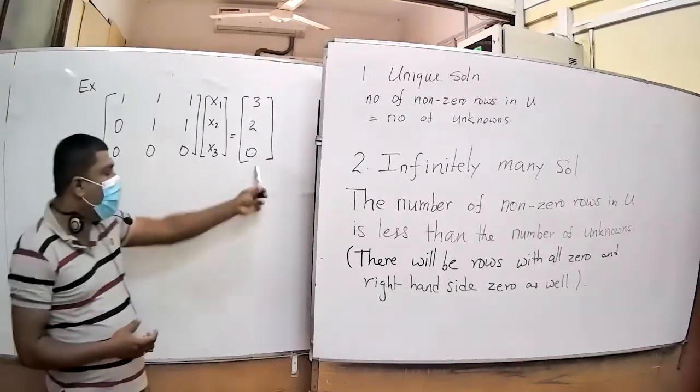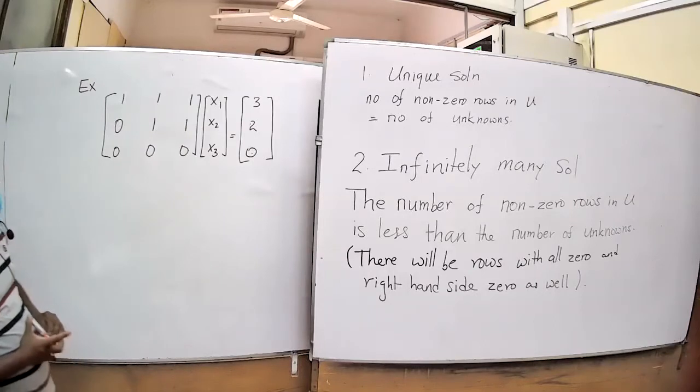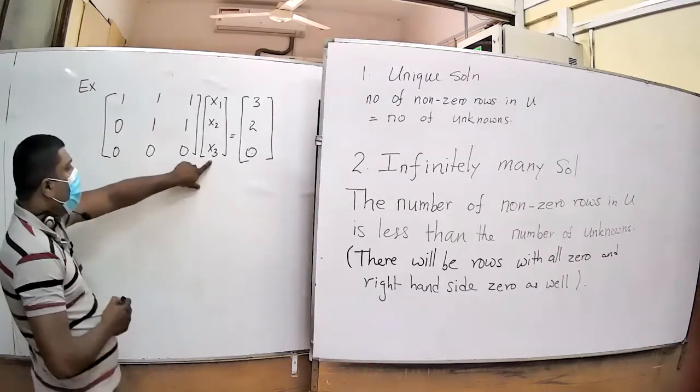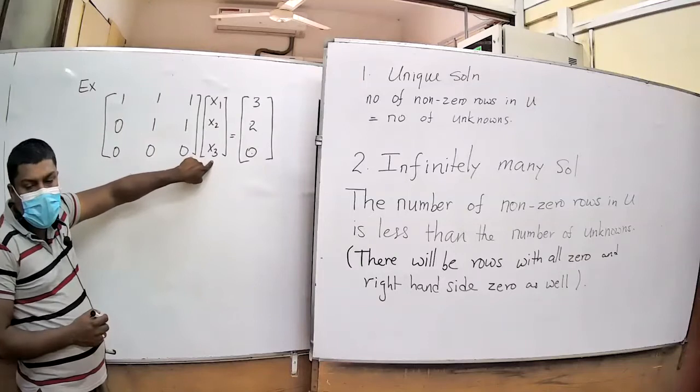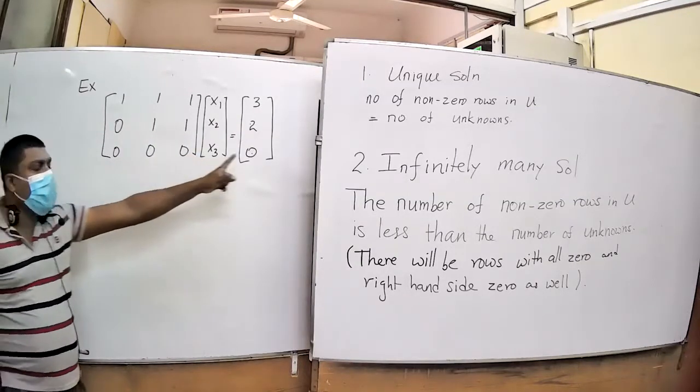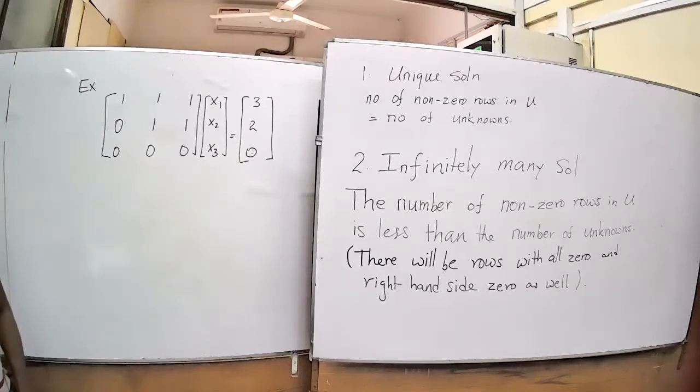You will end up with a row of all 0 on the matrix, at the same time all 0 on the right hand side. So unfortunately for you, you don't know what is x3 in this case, because if you apply back substitution, this one is 0 is equal to 0. That does not help you in any way.